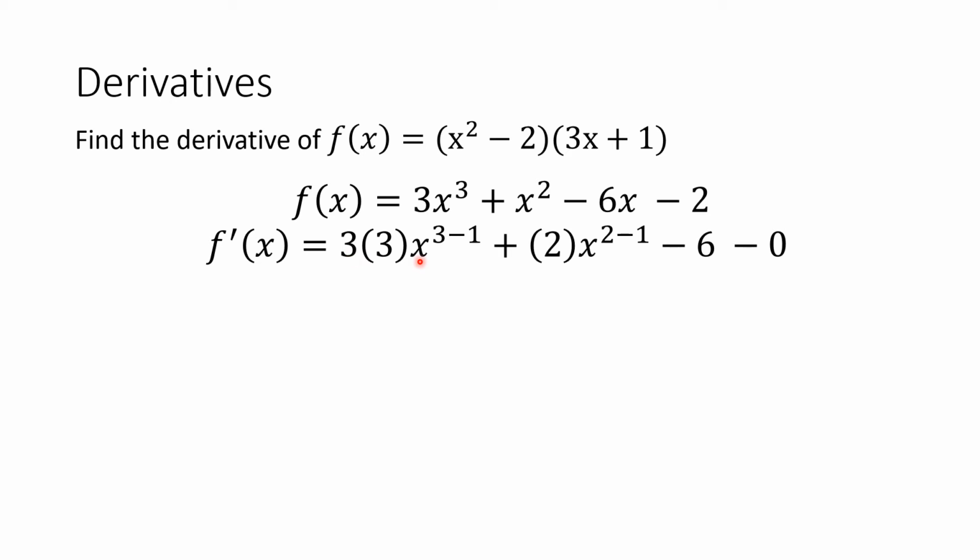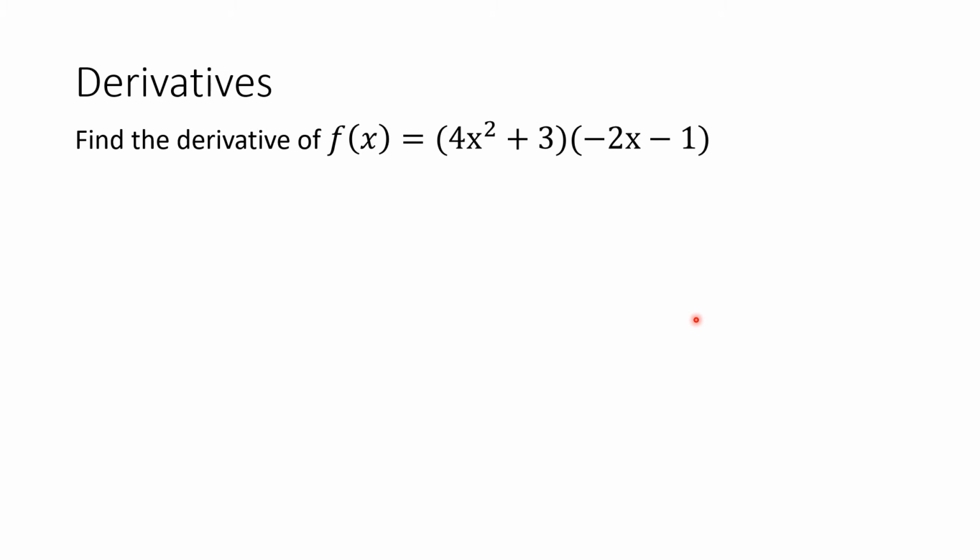And then our x will be raised to 3 minus 1 plus 2x raised to 2 minus 1 minus the derivative of 6x is 6, and then minus the derivative of constant 2 is 0. So simplifying this, we will have f prime of x is equal to 9x squared plus 2x minus 6. This is the same derivative that we got using the product rule.